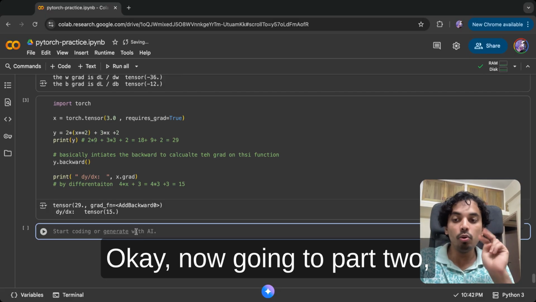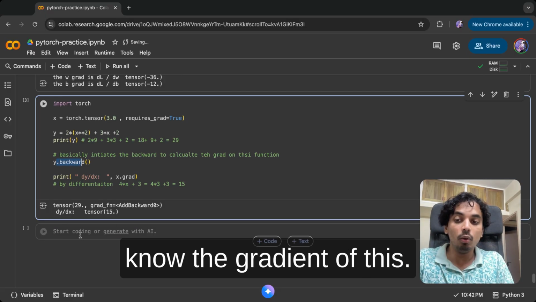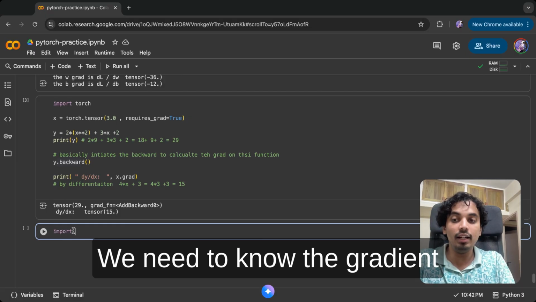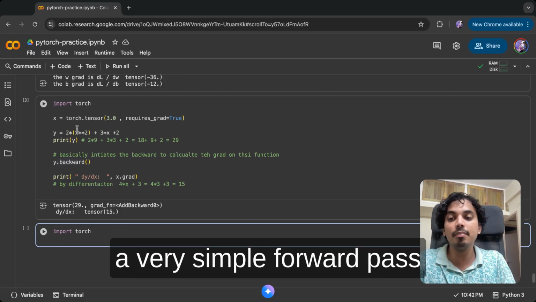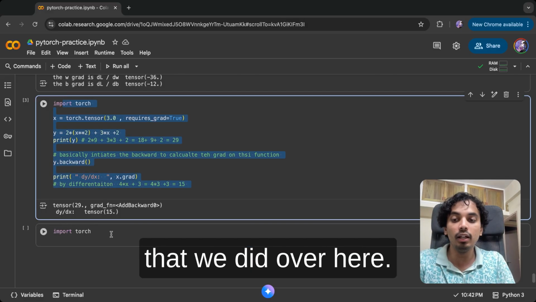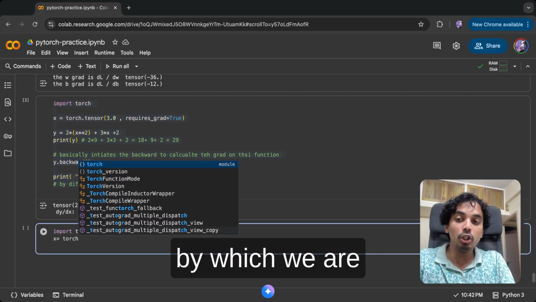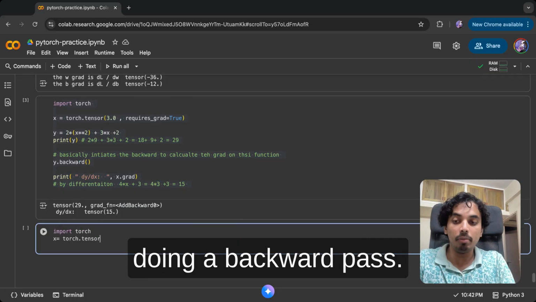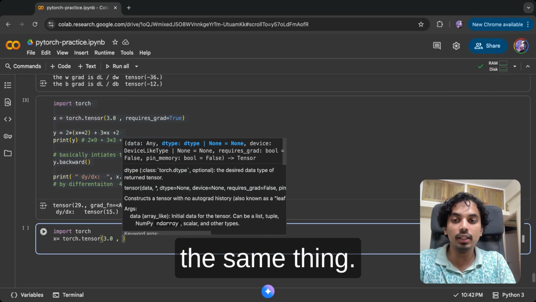Now going to part 2, we don't actually need to know the gradient of this. We need to know the gradient of the loss function. So usually this is a very simple forward pass that we did over here, right? Let's look at a way by which we are doing a backward pass. Okay, torch.tensor 3.0, we'll again keep the same thing.